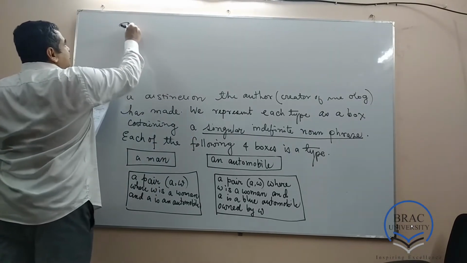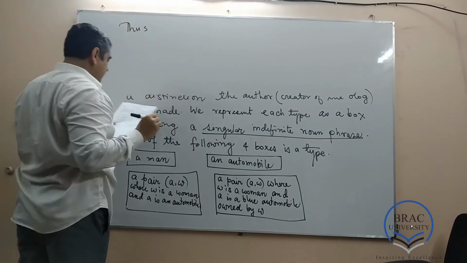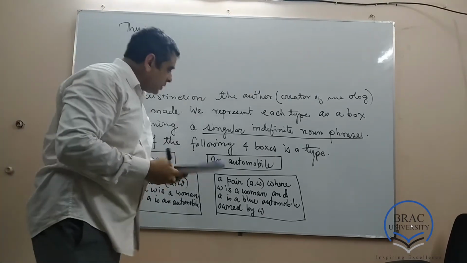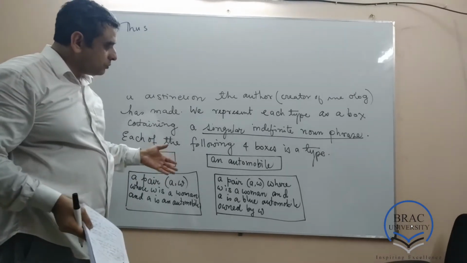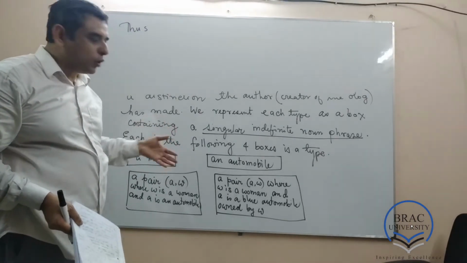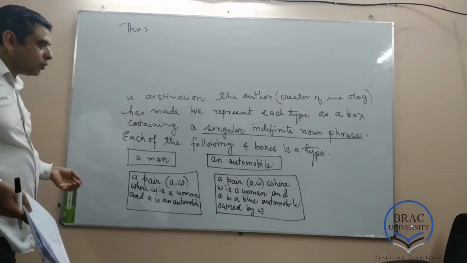So these are the types that we have in the Olog, in the diagram of an Olog.